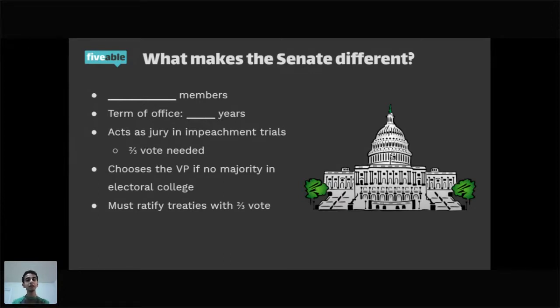Right, it is an agreement, and treaties are generally formal agreements between two or more countries. If the United States and England were trying to agree on something, this would be a treaty, and Congress, specifically the Senate, would have to approve it with a 2/3 vote.